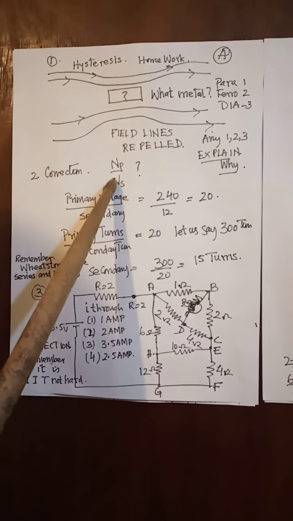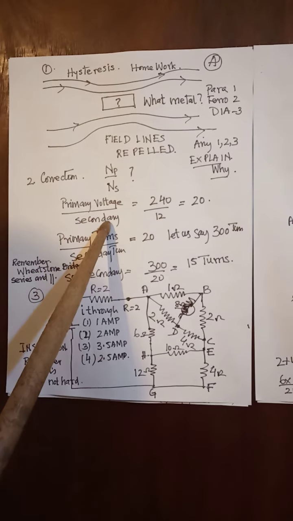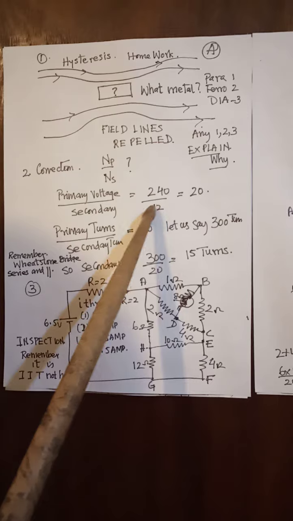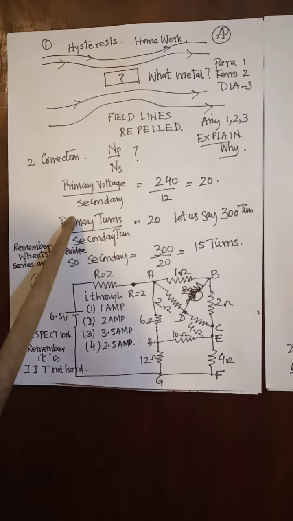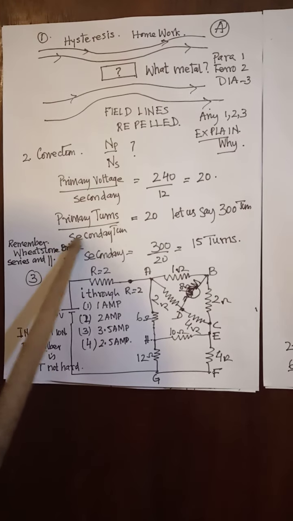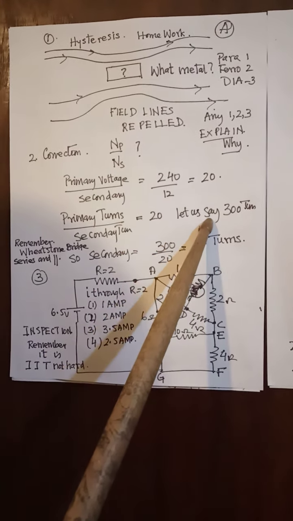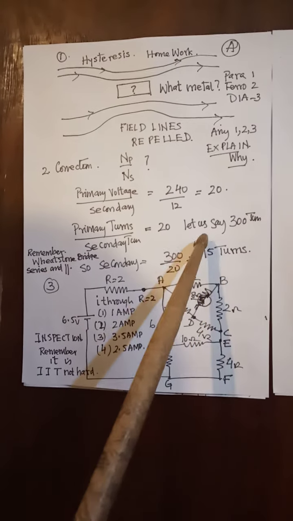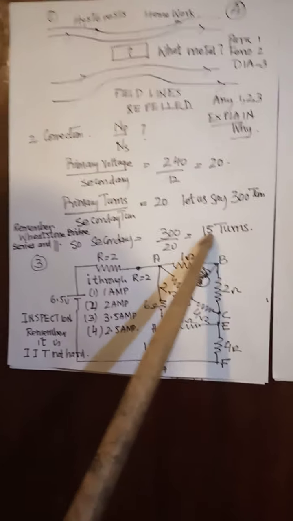the transformer and the secondary. See, primary voltage by secondary voltage should be 240 volts by 12 volts, which is 20. Now, primary turns by secondary turns is 20. So now, let's say that the primary is 300 turns, so the secondary will be 300 by 20, that is 15 turns.